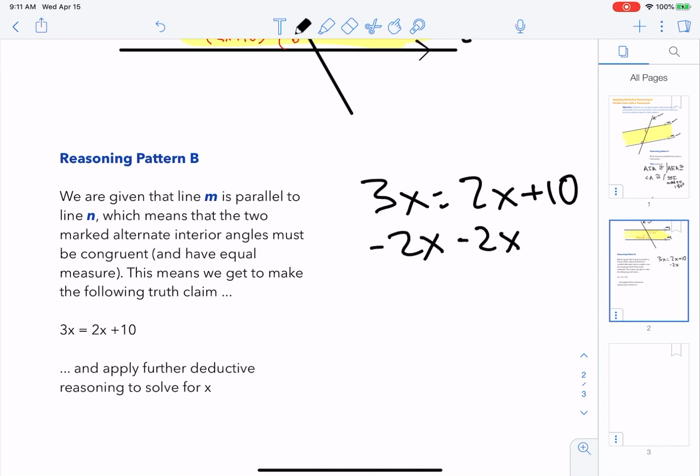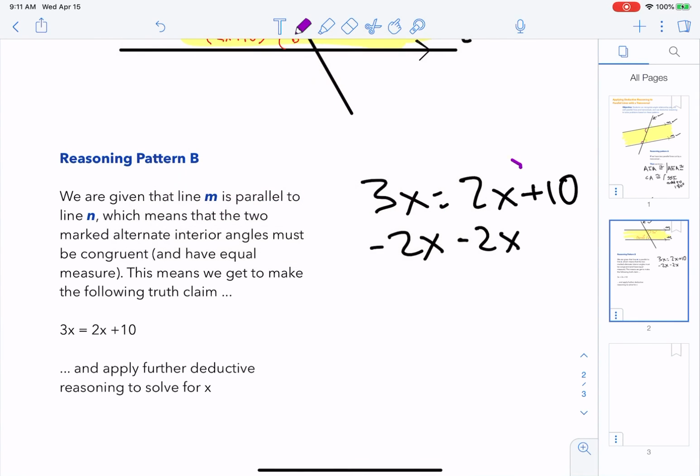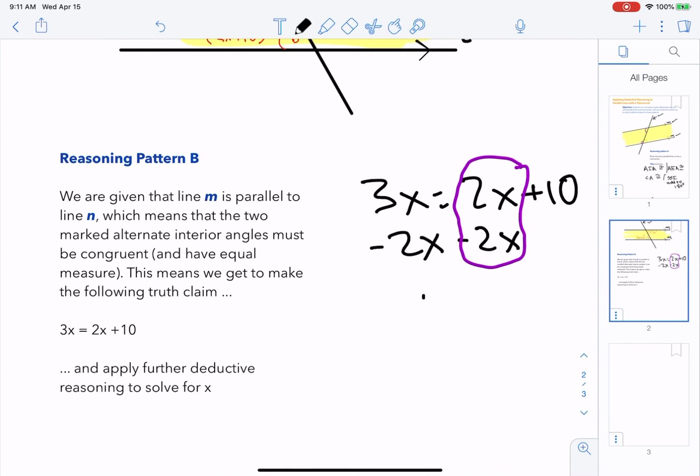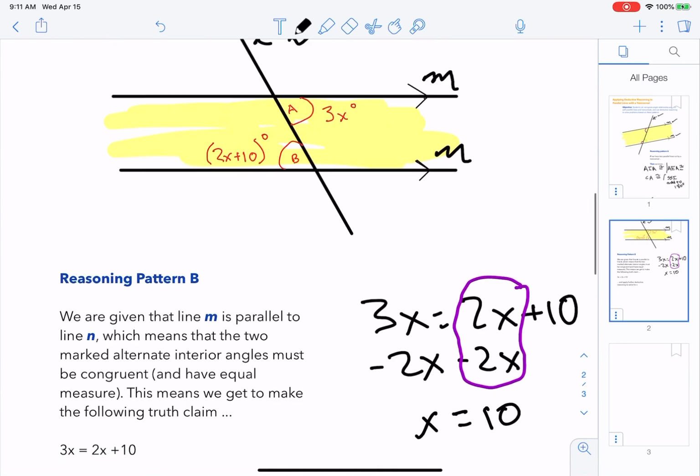We're going to make our 0 here. I love this magenta color, so I can make my 0 magenta. And back to black here. We end up with 3x minus 2x leaves 1x left over. The 2x's go away because we made a 0, and x is 10, which, by the way, shows that angle A is 30 degrees and angle B is 30 degrees.